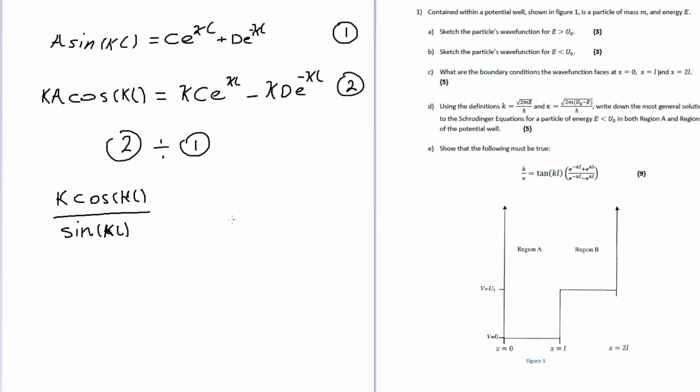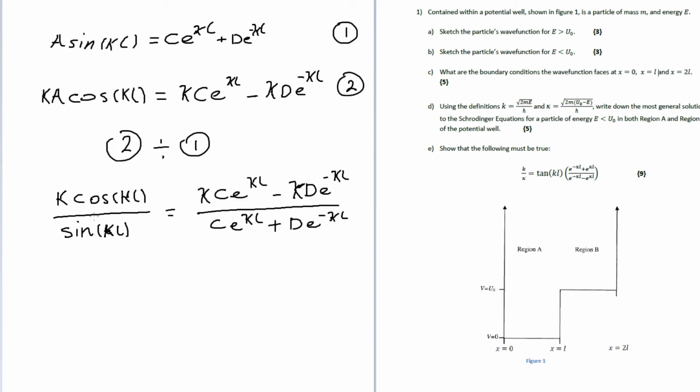So that's our left hand side done, and now I'll do the right hand side, and we get kappa c e^(kappa L) minus kappa d e to the minus kappa L over our equation 1, right hand side, which is just c e^(kappa L) plus d e to the minus kappa L. So this is our equation, and it's starting to look a bit like what we've got in the question, and now we can just move things around.